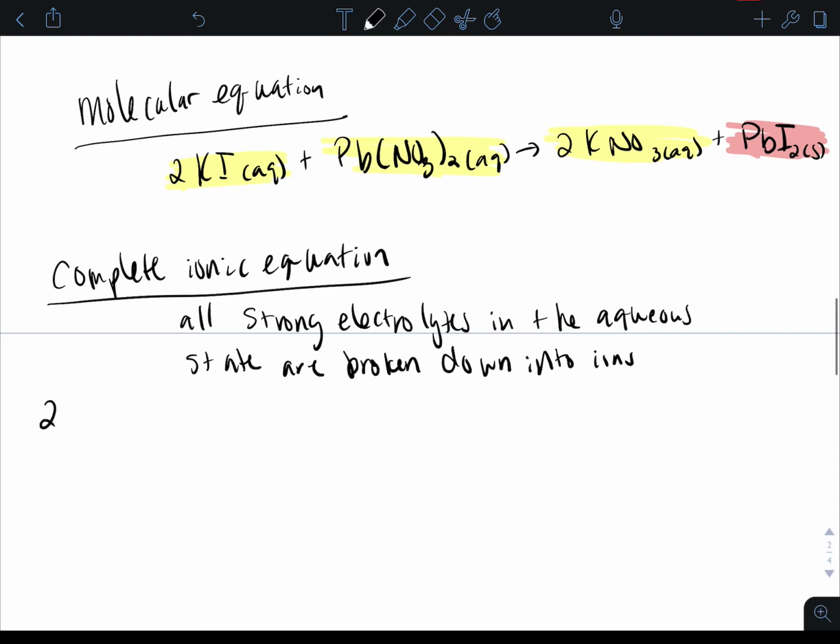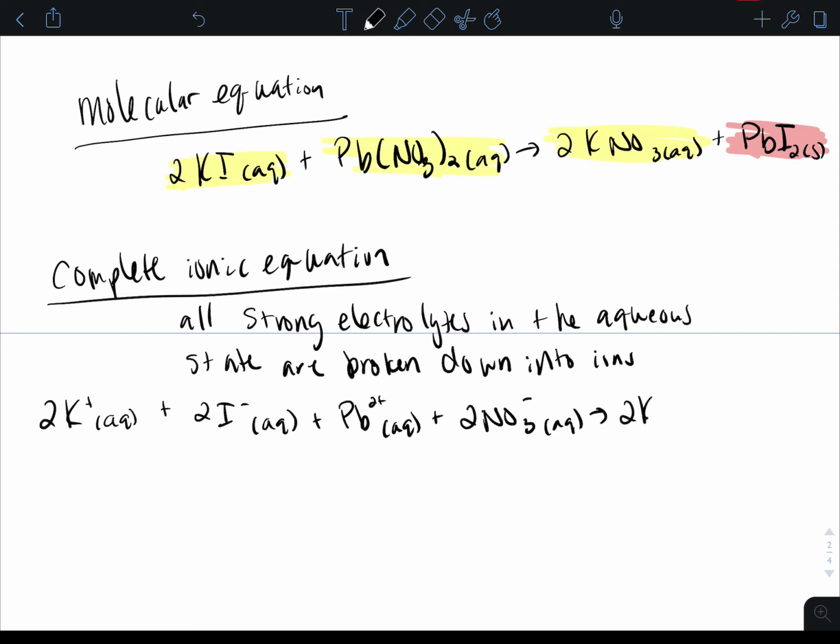We have 2K+ (aq) plus 2I− (aq) plus Pb2+ (aq) plus 2NO3− (aq) goes to 2K+ (aq) plus 2NO3− (aq) plus PbI2 (s).